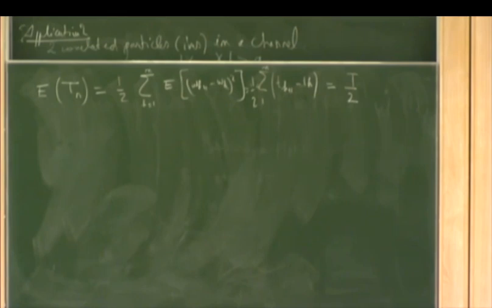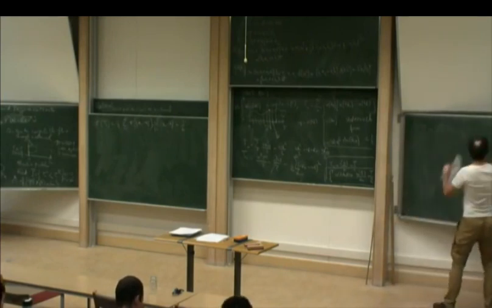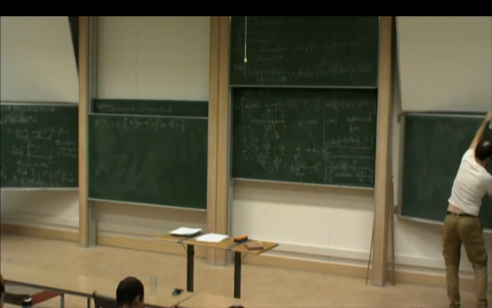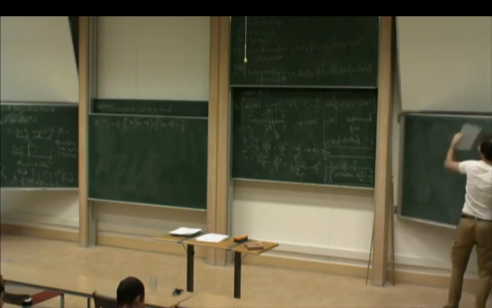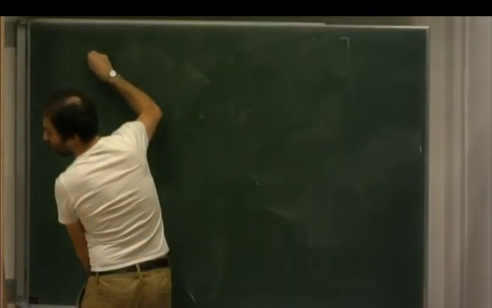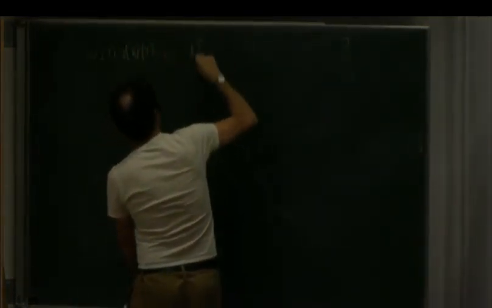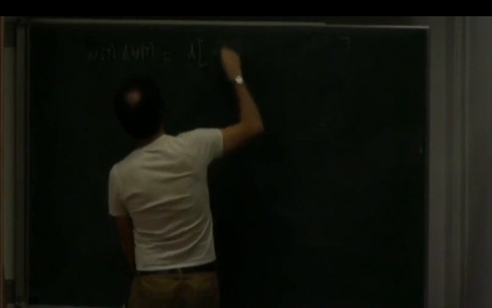So integration from 0 to t, and we can rewrite this as omega t d omega t equals d of omega squared t over 2 minus dt over 2.